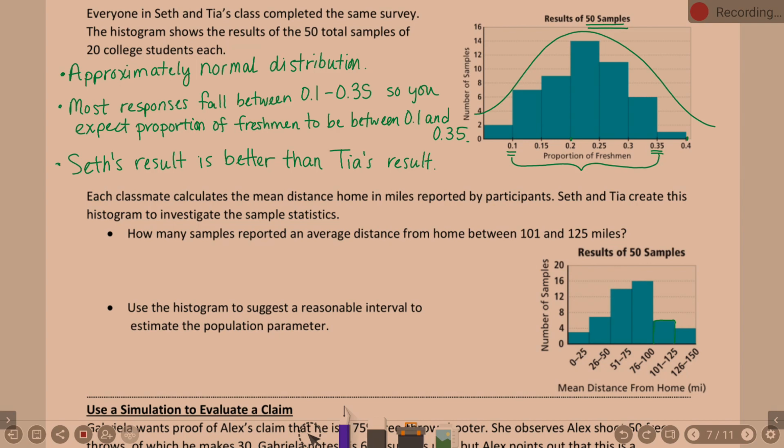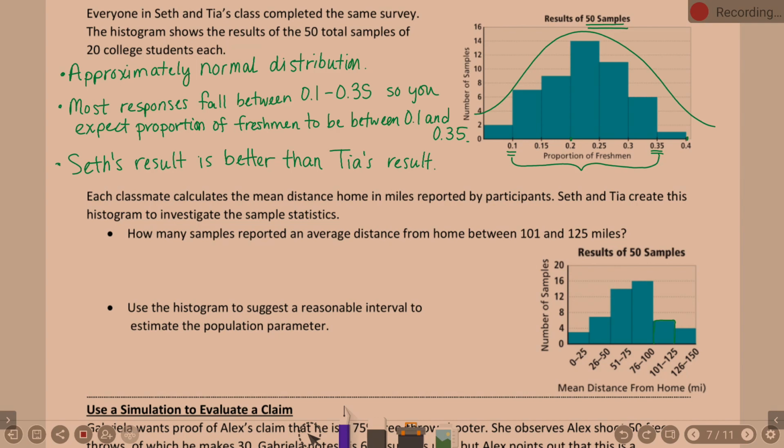Each classmate calculates the mean distance home in miles reported by participants. So now we're going to talk about mean distance. Seth and Tia create this histogram to investigate the sample statistics.